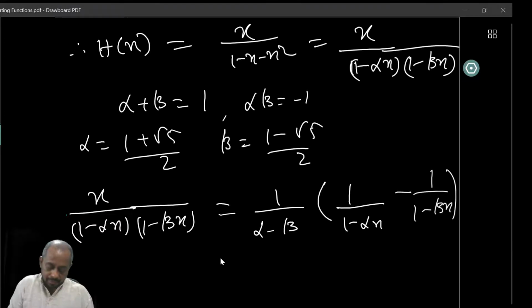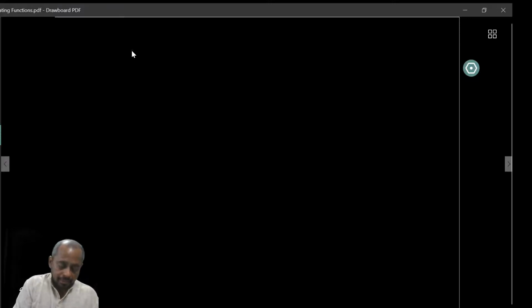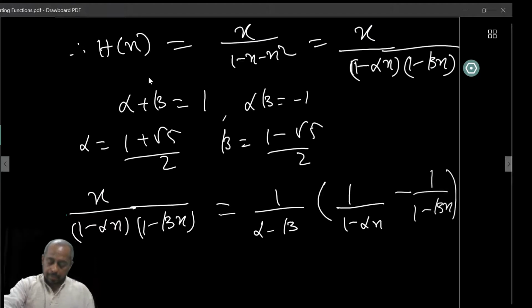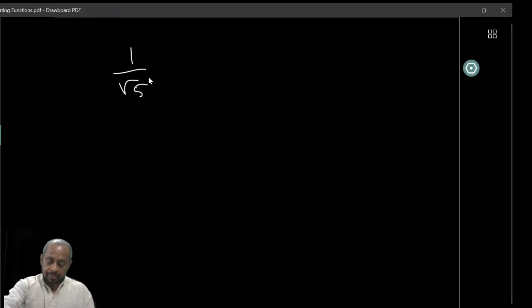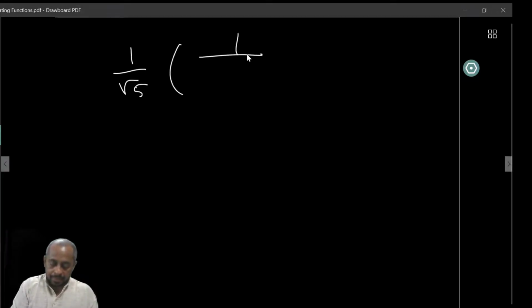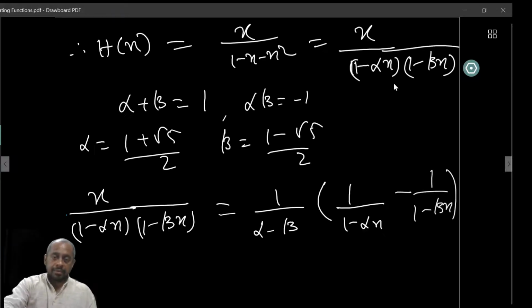So basically what you will get is that it's equal to 1 by square root of 5 into 1 by 1 minus alpha x minus 1 by 1 minus beta x, where alpha and beta are as we defined before, 1 plus root 5 by 2 and 1 minus root 5 by 2.